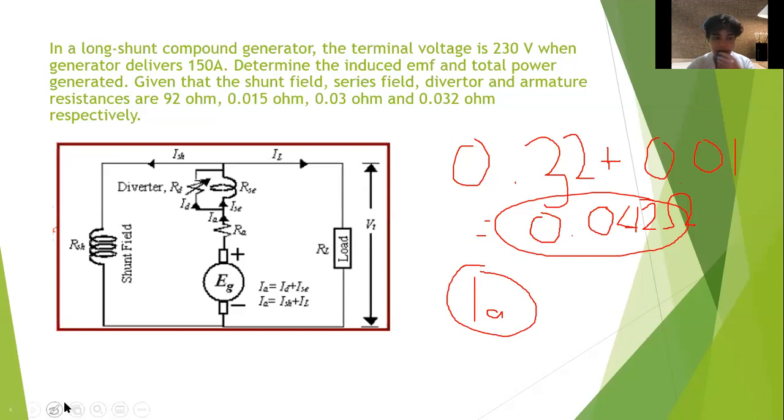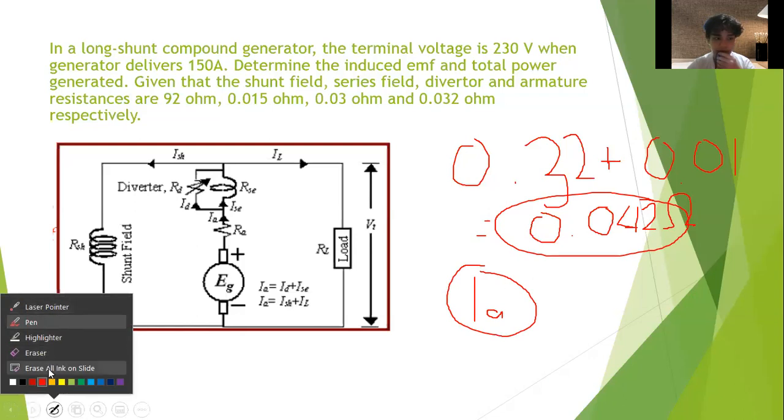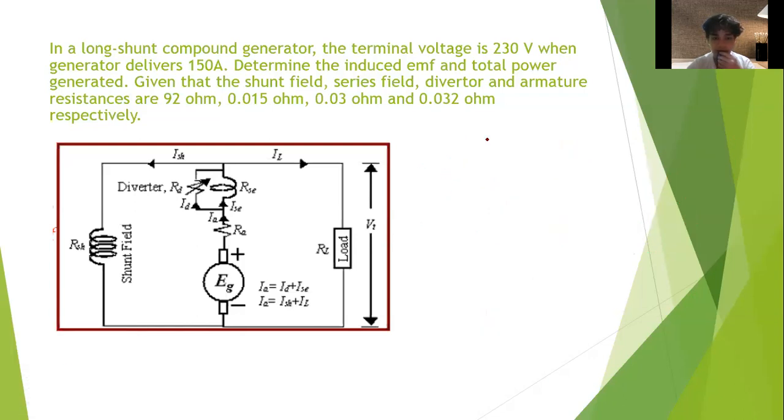First, we have to obtain the current in the shunt. To obtain it, we use VT, the 230 volt terminal voltage, and the shunt field resistance, which is 92 ohm.